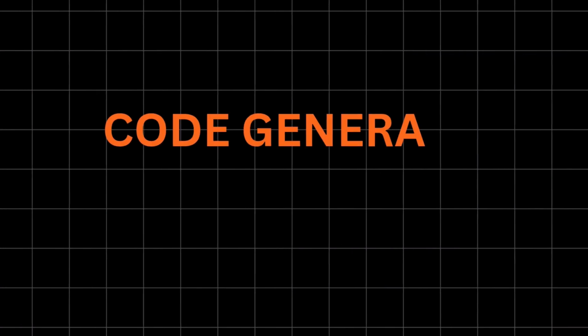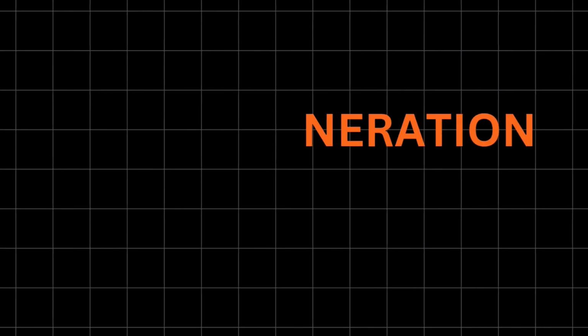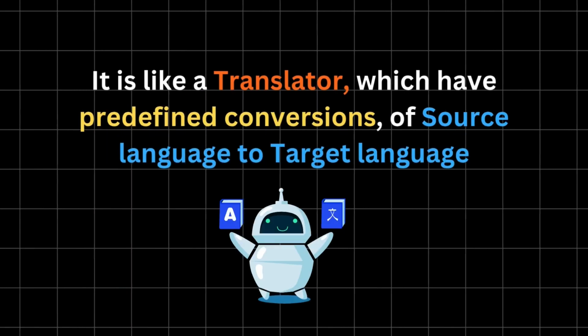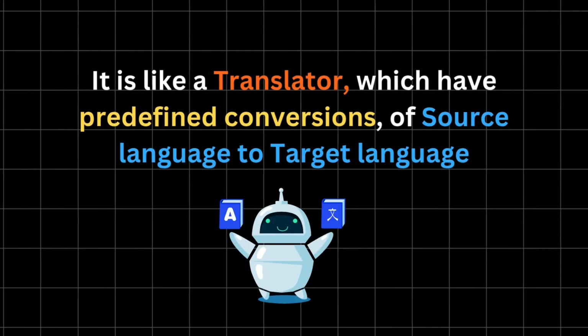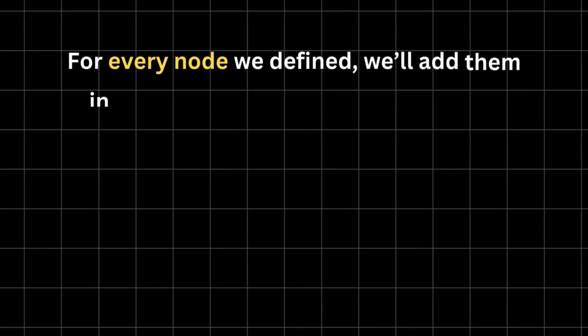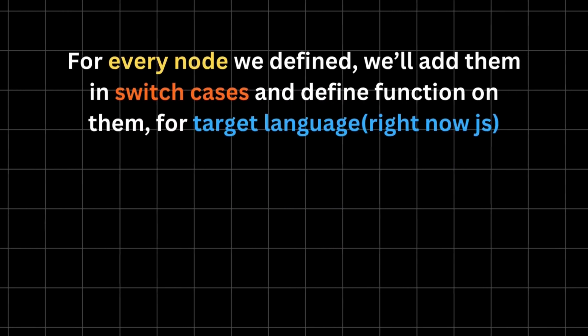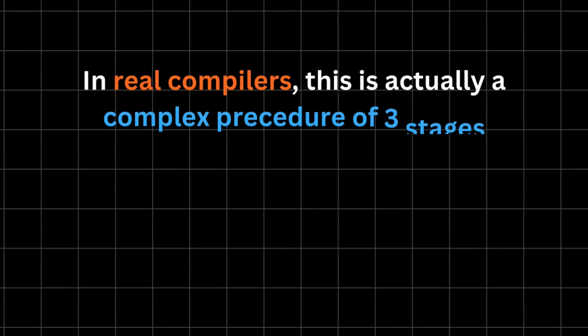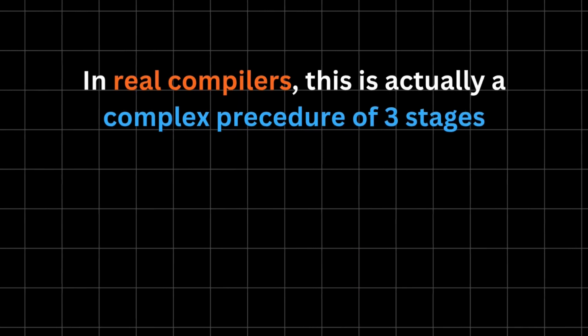Now we will move to the next part, code generation. It is like a translator which has predefined conversions of source language to target language. For every node we will add them in switch cases and define functions on them for the target language. In real compilers, this is actually a complex procedure of three stages.